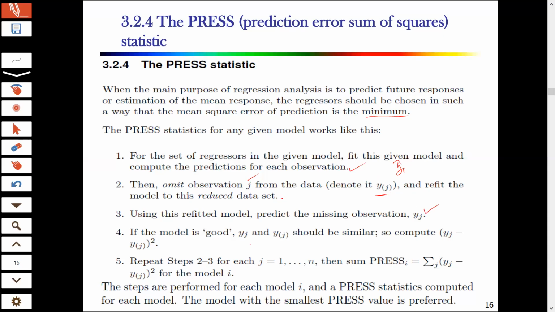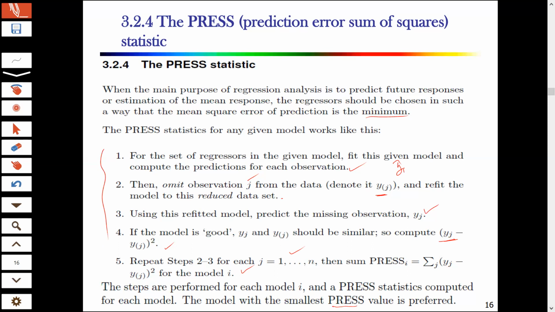If the model is good, you should expect the difference between them to be close to 0, or they are very similar. Then compute the difference and square it, and repeat for each j. Then calculate the sum of (yj minus yj hat) square for model i. These steps are performed for each model i, and a Press statistic is computed for each model. The model with the smallest Press is preferred.